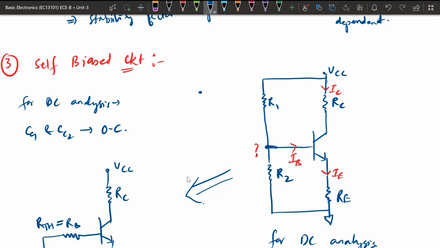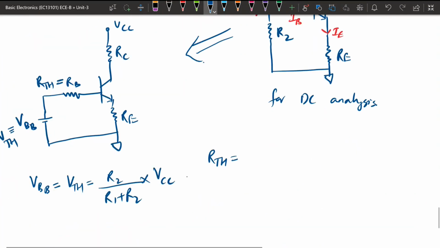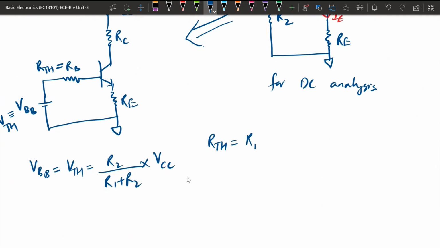So at this base terminal, both R1 and R2 are connected to zero. That means at the base both are in parallel. So the equivalent resistance, the Thevenin resistance RB, will be R1 parallel with R2, which equals R1 R2 divided by R1 plus R2. So this will be your Thevenin equivalent.